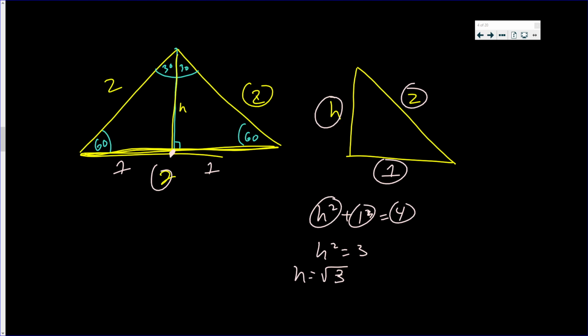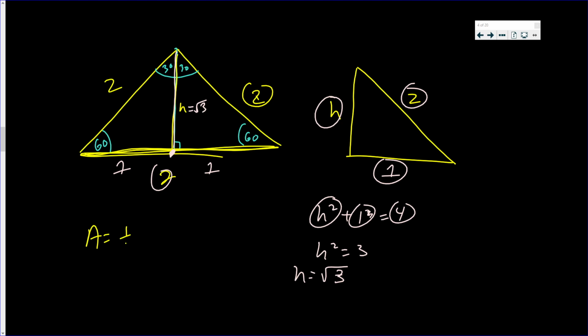Well, it's meaningless for H to be negative because H is the height of a triangle. You ever hear of a triangle that has a negative length? So the height of that triangle is the square root of 3. So now you can find the area.